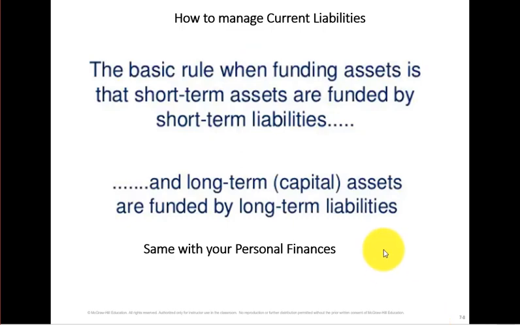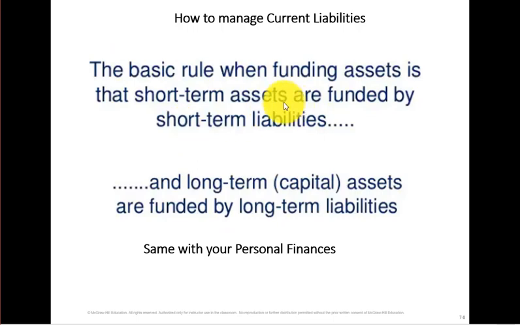All right. Now, the basic rule, this is a little bit of finance class. The basic rule when funding assets is that short-term assets are funded by short-term liabilities, and long-term assets are funded by long-term liabilities. That's a pretty simple rule. For example, you wouldn't want to put your grocery bill on a credit card to be paid off over a year.